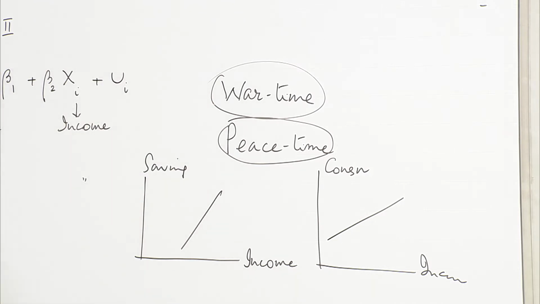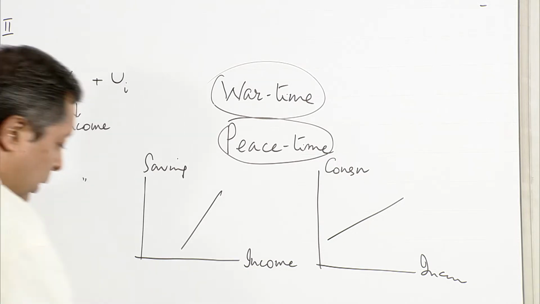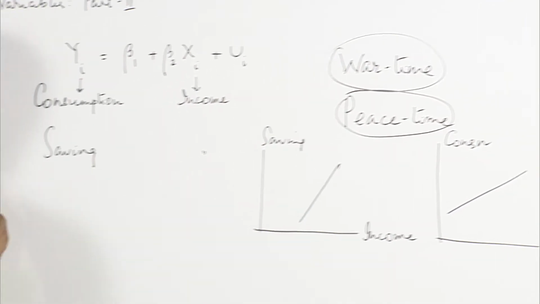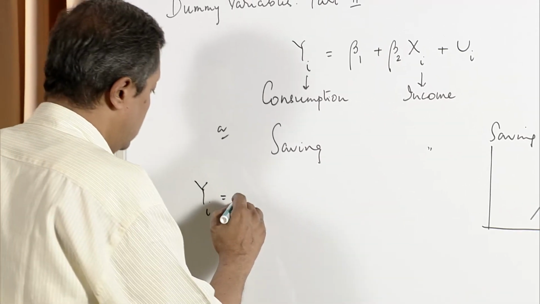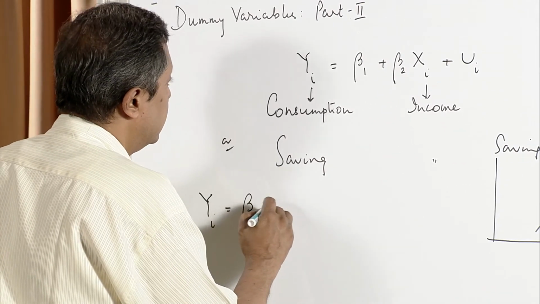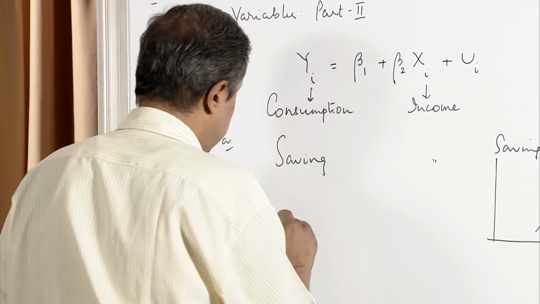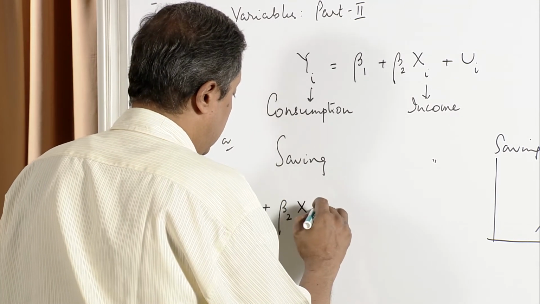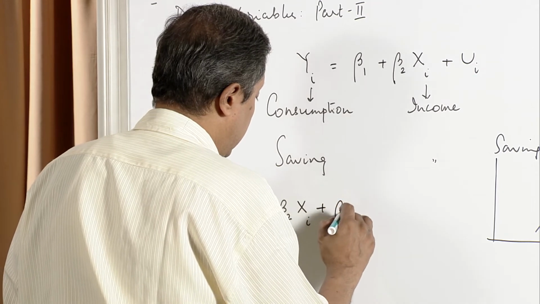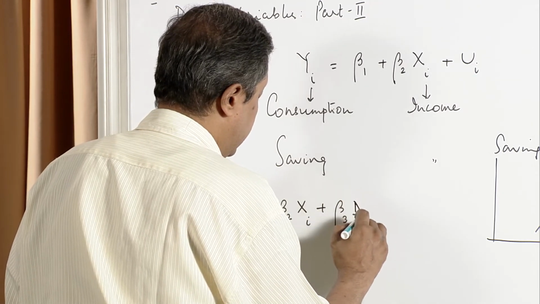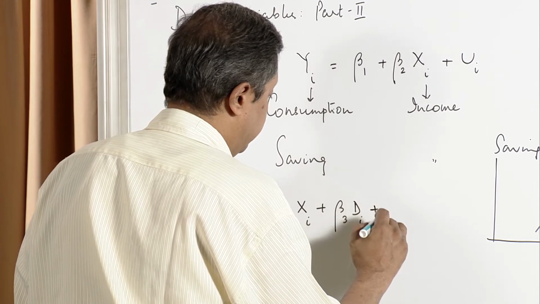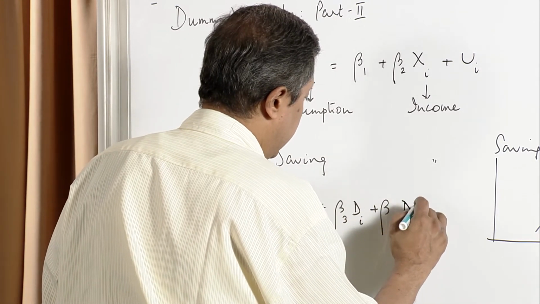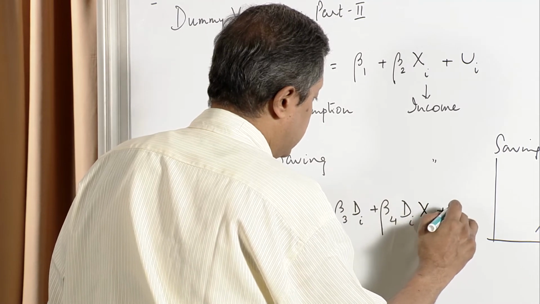So, to incorporate that, we rewrite the model in the following way. We can write y i equals beta 1 plus beta 2 x i plus beta 3 d i plus beta 4 d i x i plus u i.